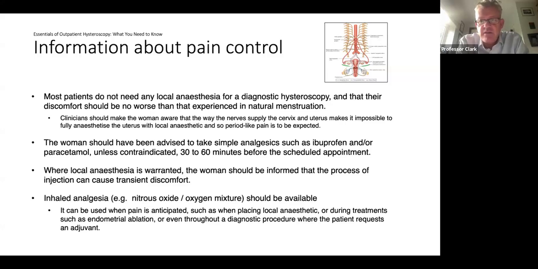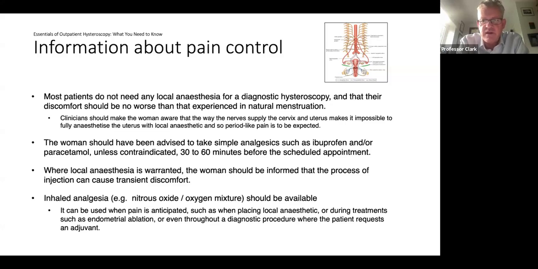It's because the local anesthesia in the lower genital tract will numb the cervix to allow dilatation, for example, to instrument in women with narrow cervixes, or if you're using slightly larger diameter endoscopes, but it's not going to numb the body of the uterus entirely.